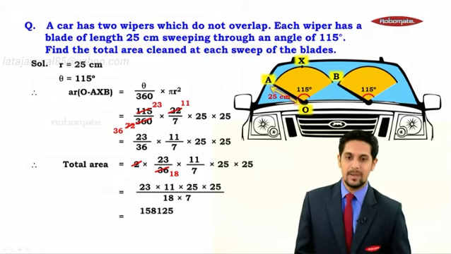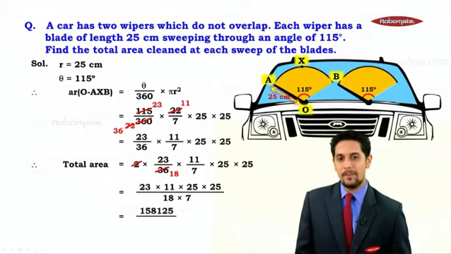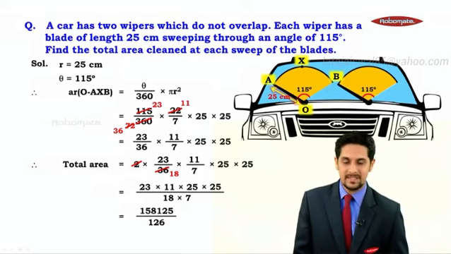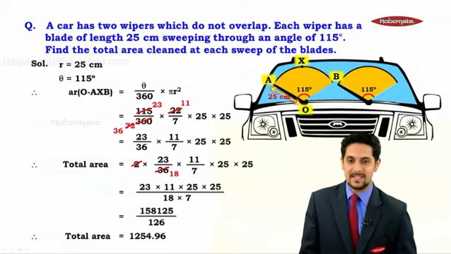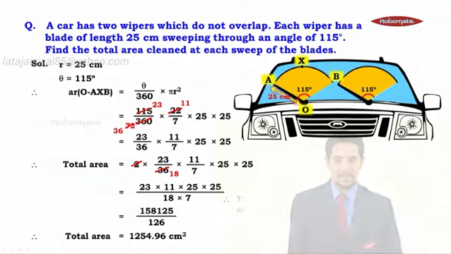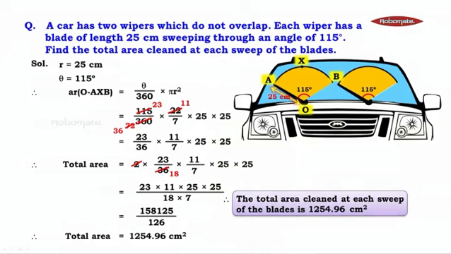The product of the numerator gives us the value as 158125 upon 126, which further gives the total area equal to 1254.96. So students, we can say that the total area cleaned at each sweep of the blades is 1254.96 centimeters square. Thank you.